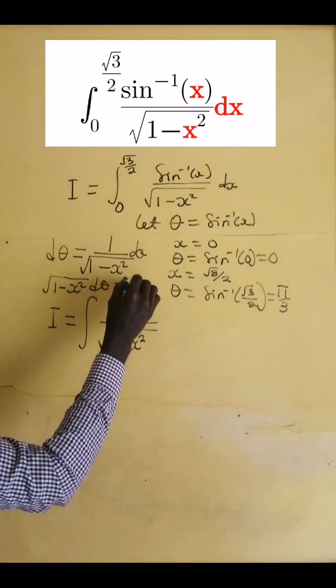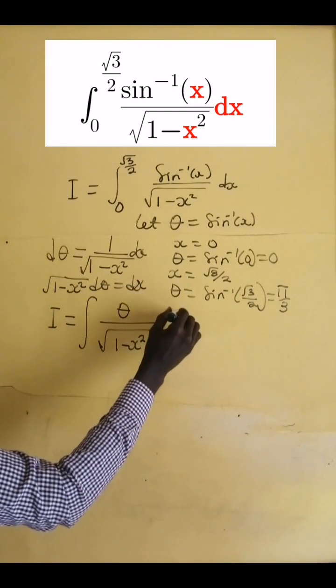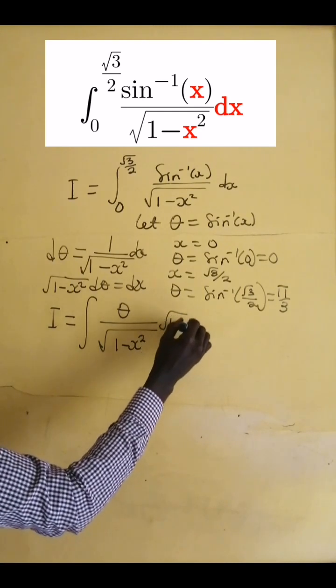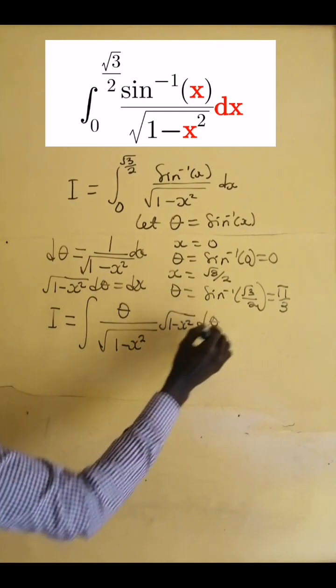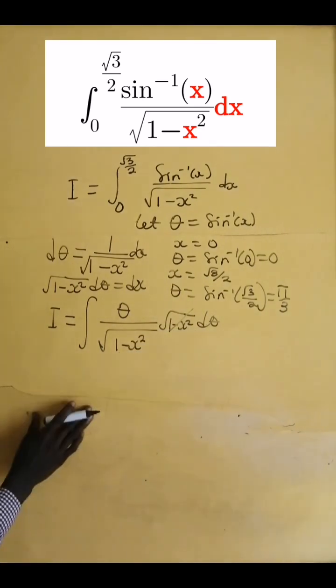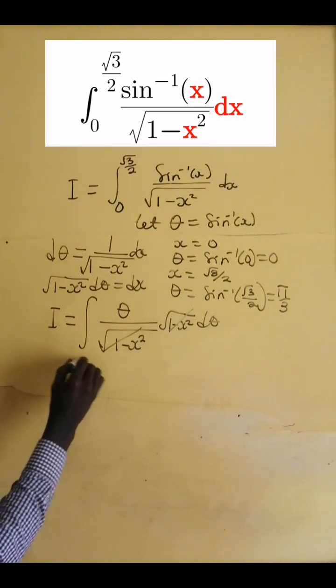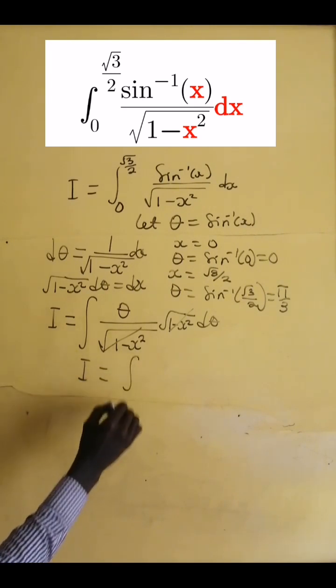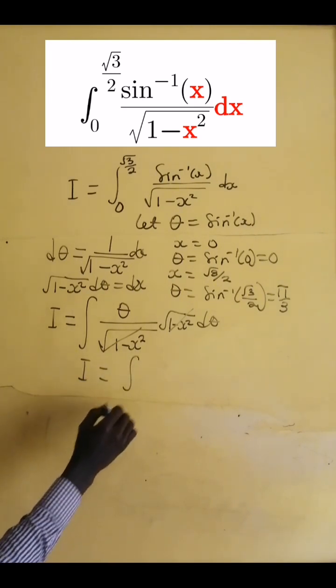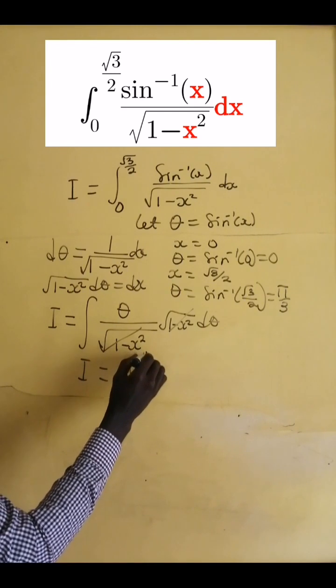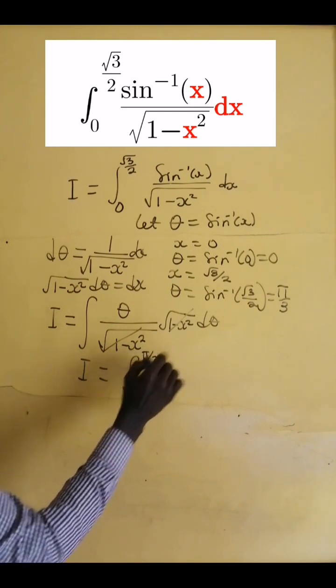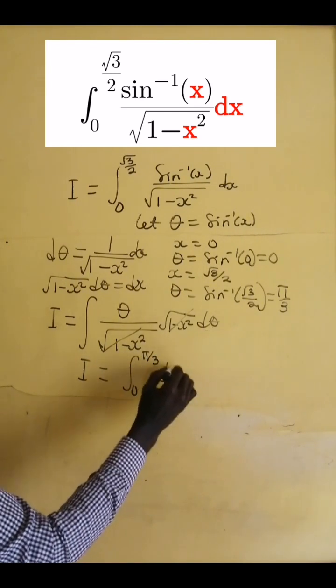So in place of dx, we are going to put here square root of 1 minus x squared d theta, and here square root of 1 minus x squared will cancel square root of 1 minus x squared, and we have the integral from 0 up to pi on 3 theta times d theta.